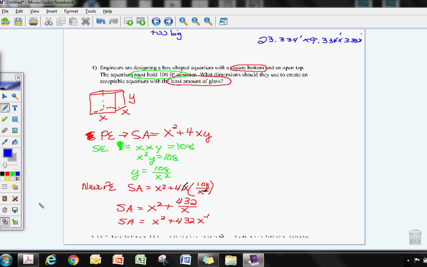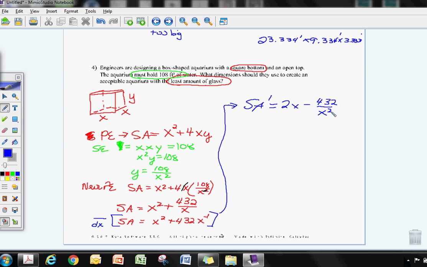So at this point is where I would be taking my derivative with respect to X. And when I take my derivative with respect to X, my surface area primed becomes 2X subtract 432 over X squared.